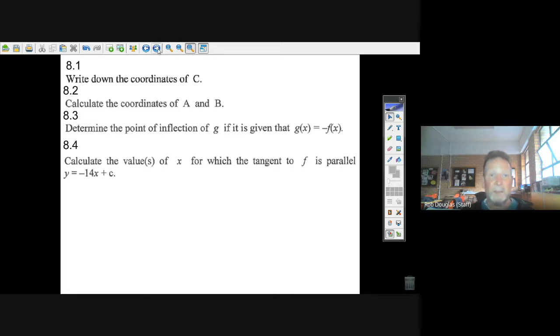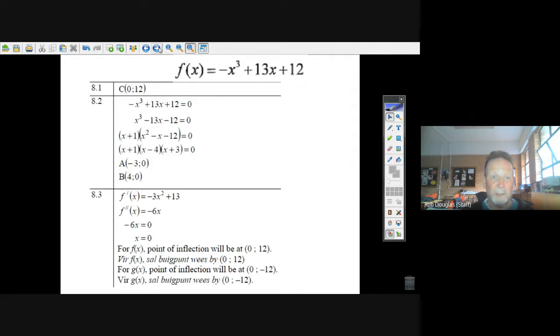So all they want us to do, point of inflection, okay, is multiply f by negative 1. Well, let's just see what we would do. We'd multiply it by negative 1. This would turn into x cubed minus 13x minus 12. And then we would find the derivative. Well, the derivative of f is negative 3x squared plus 13.